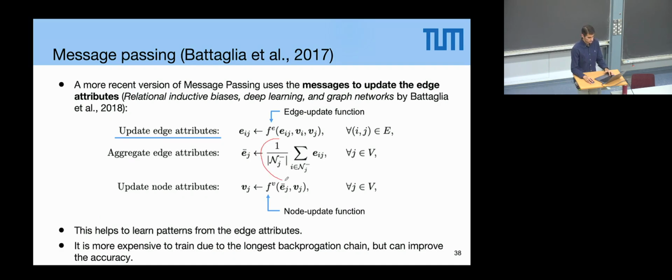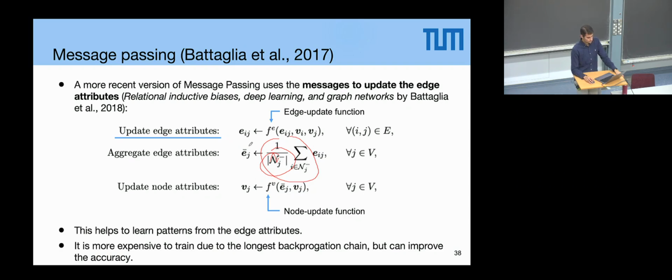Here I'm expressing the mean. This thing here is just representing the in degree of the graph. So this N symbol with a minus sign on top indicates the neighborhood of node J, and because we have the bars here, it denotes the size of the incoming neighborhood of node J, which in the terms that we introduced before is just the in degree of node J.